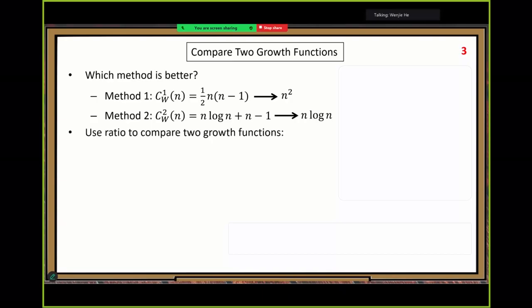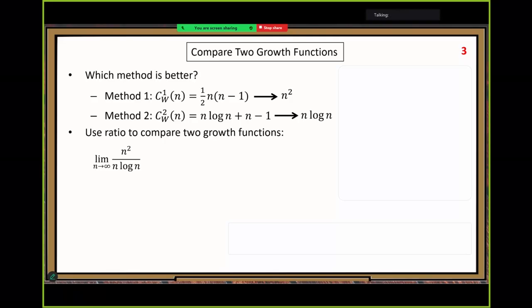We use the ratio of the two growth functions, and when we take the ratio, we take the limit when n goes to infinity. When n is very large, what is the limit of this ratio?